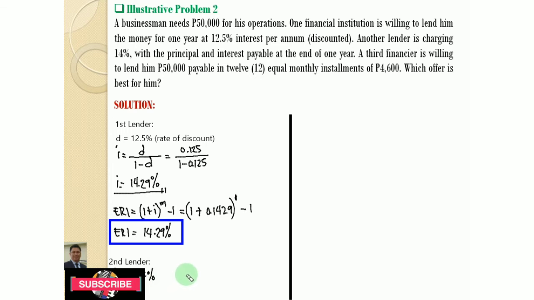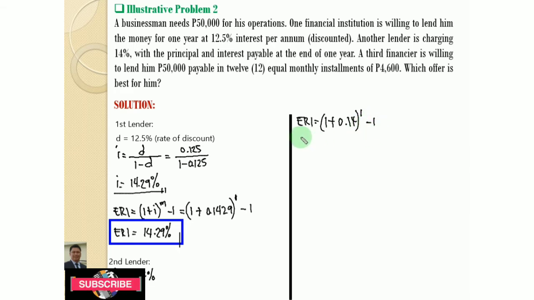So calculating now the ERI, the ERI is equal to 1 plus 0.14, raised to the 1, minus 1.